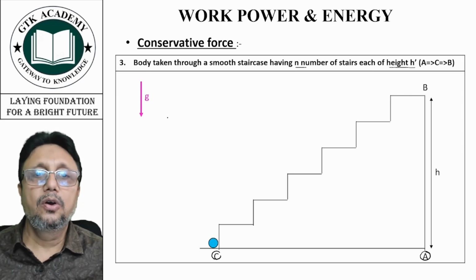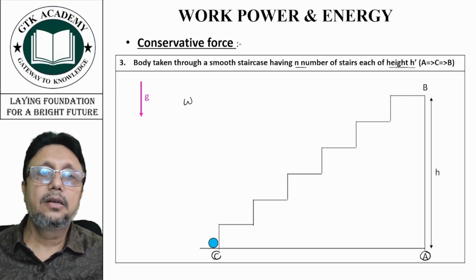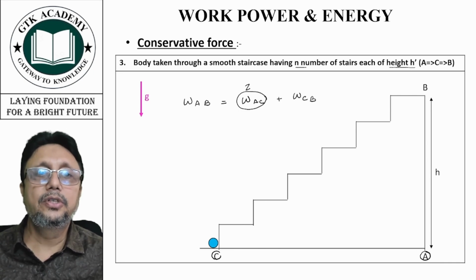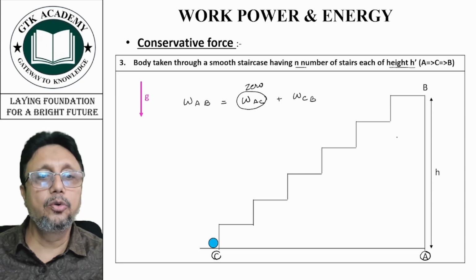That means the work done from A to B will be equal to the work done from A to C plus the work done from C to B. Now this is already 0.